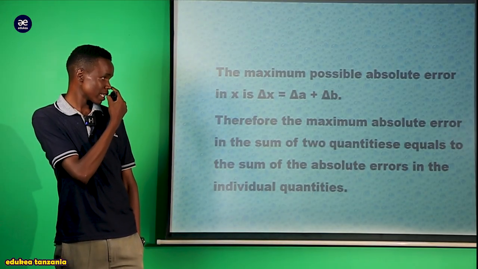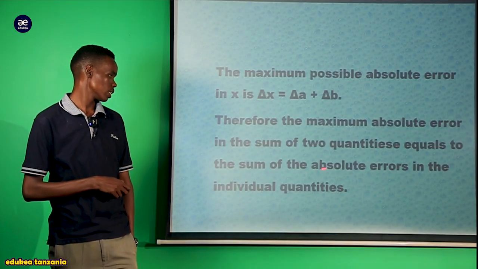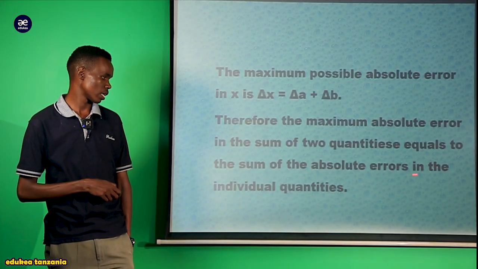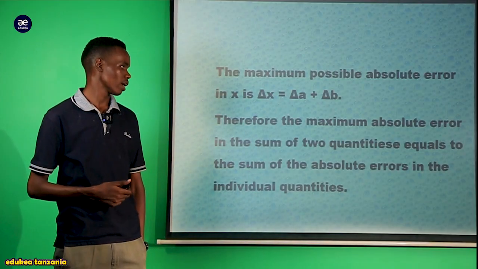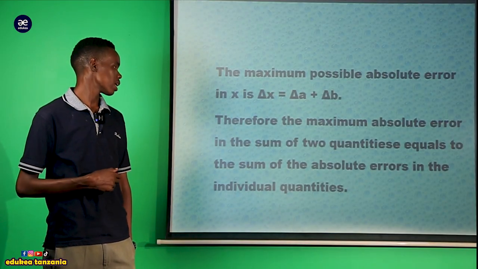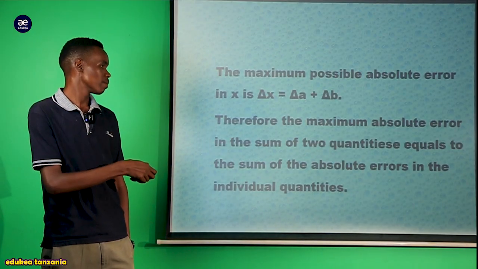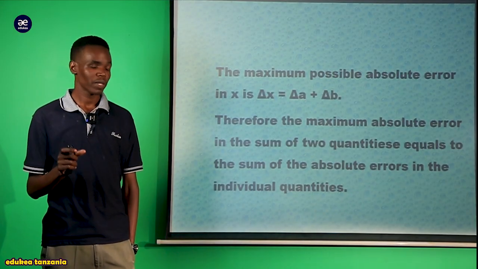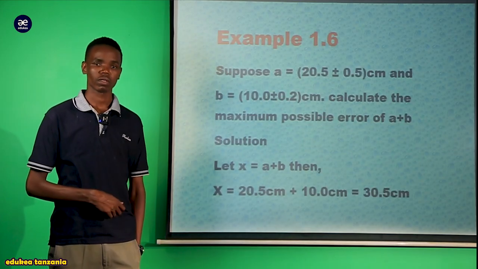So therefore the maximum absolute error in the sum of the two quantities equals the sum of the absolute errors in the individual quantities. Kwa ile maximum ya absolute error in the sum of two quantities lazima ifanane na sum ya zile absolute error in the individual quantities.